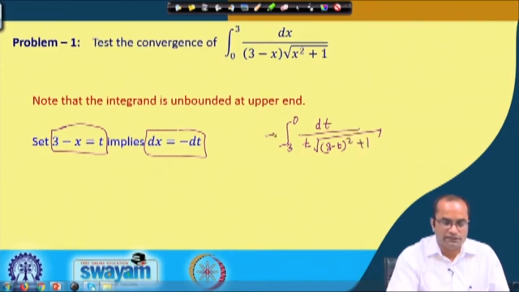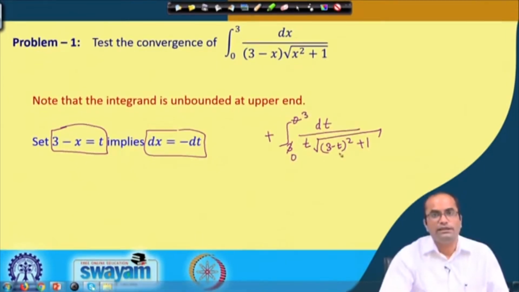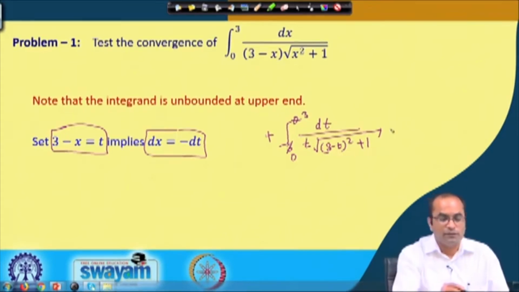Making the limits 0 to 3, we have the integral from 0 to 3 of dt over the square root of t times ((3 minus t) squared plus 1).